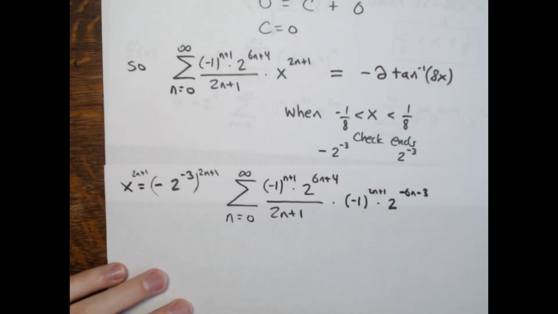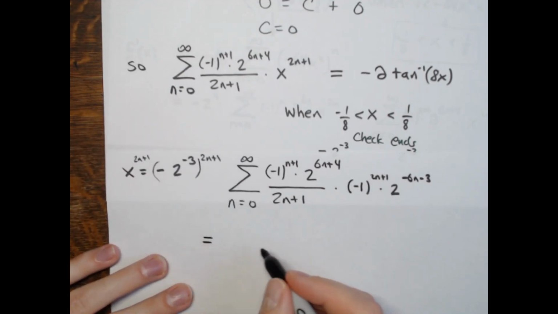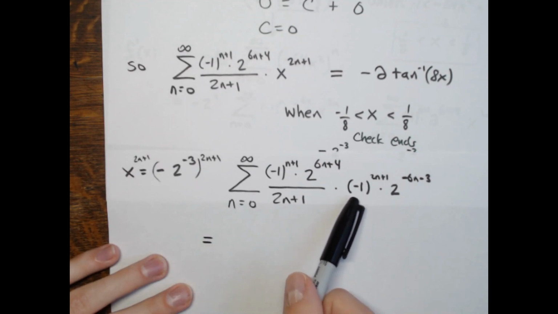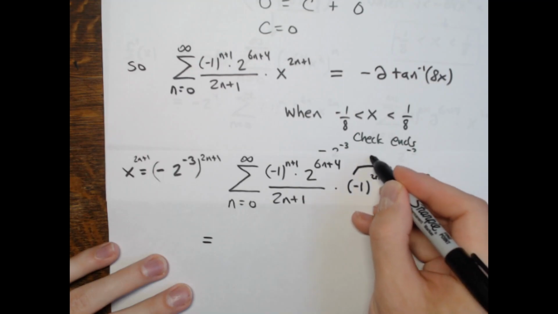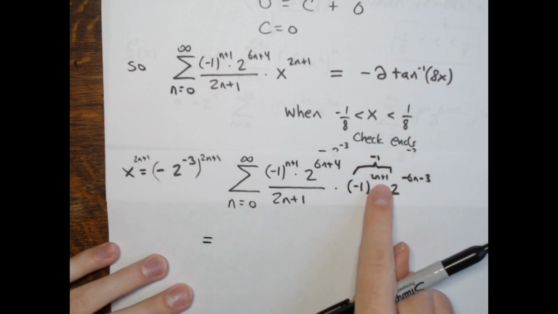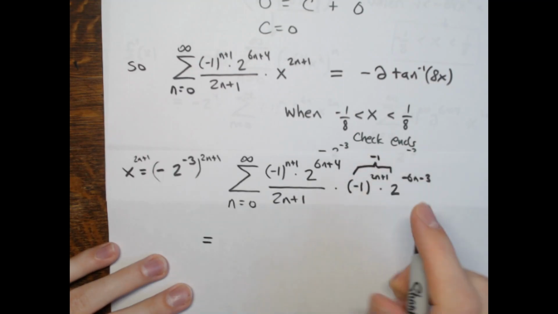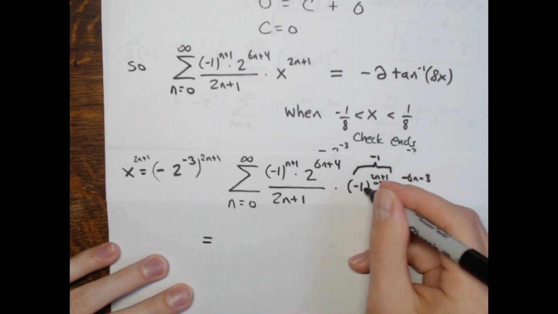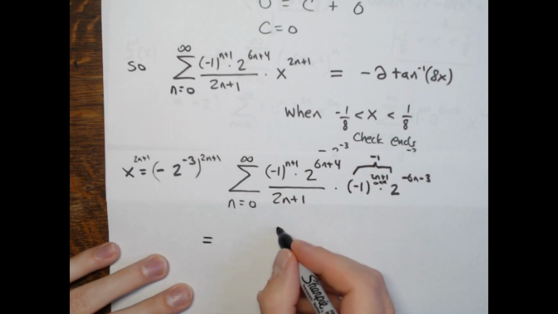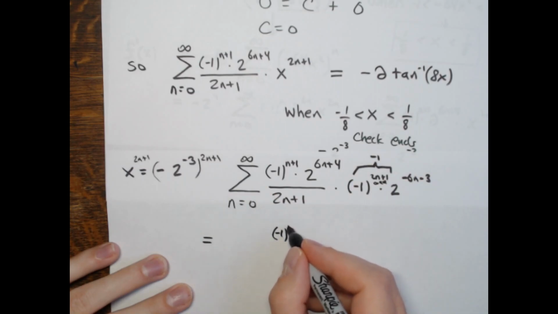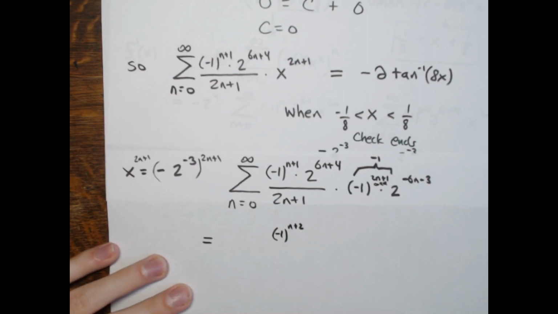Multiplying all of this together, negative 1 to the 2n plus 1 is always negative 1, because 2n plus 1 is odd, and negative 1 to an odd power is negative 1. Put with the other negative 1, we get negative 1 to the n plus 2, which still causes alternating.